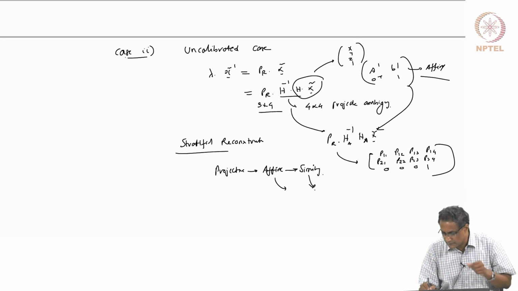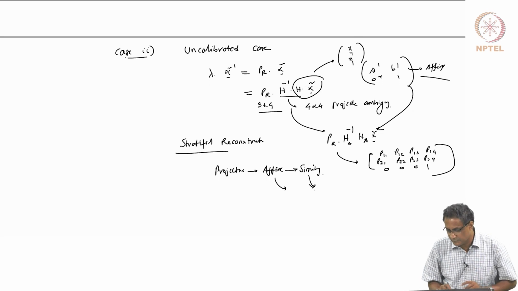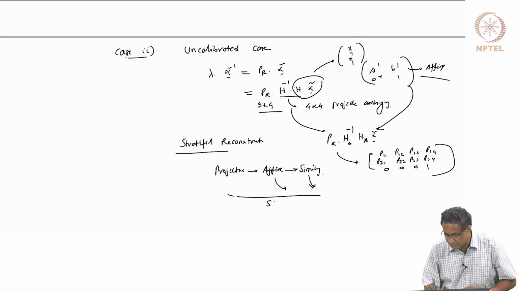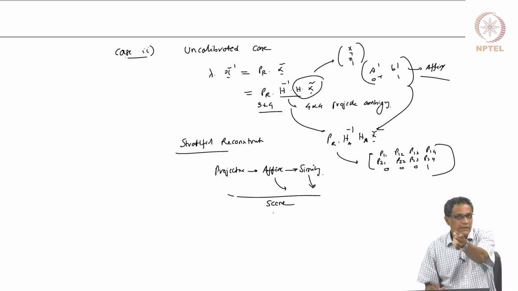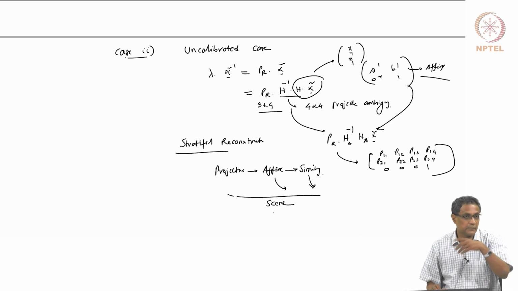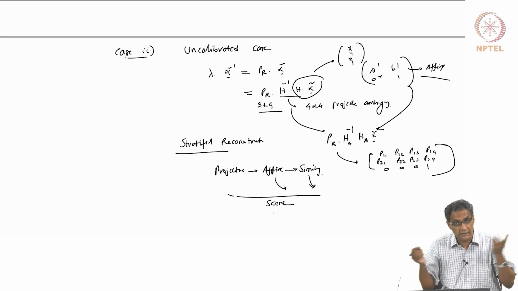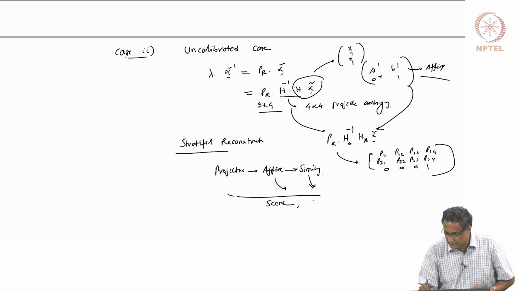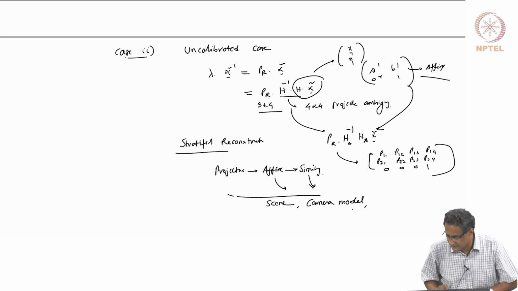If you also give me other information, it can come from the scene, in the sense that even if you know one point in the scene for whose absolute depth you know, then you can do a lot of things. This assumes you don't know anything else about the scene, or you can say something about the camera model. If you tell me it's an affine camera, there are certain things I can do.